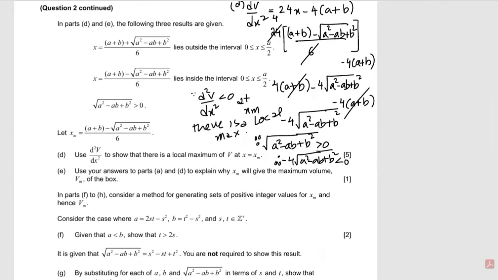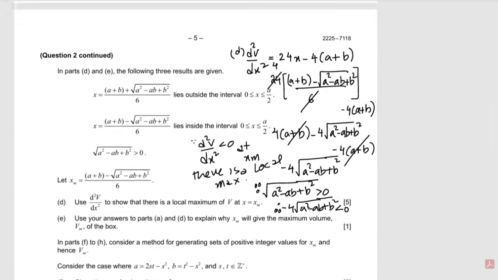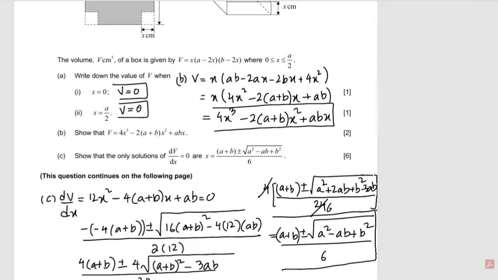Use your answers to parts A and D to explain why x sub m will give the maximum volume V of the box. Now that's an interesting question. It's asking for justification.